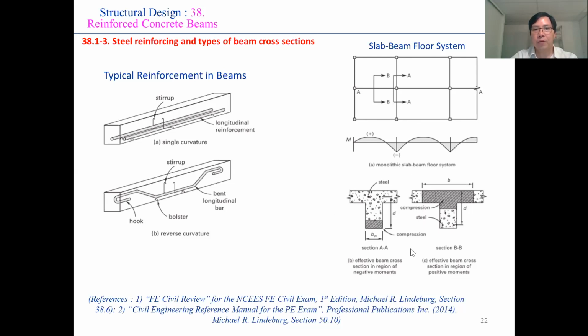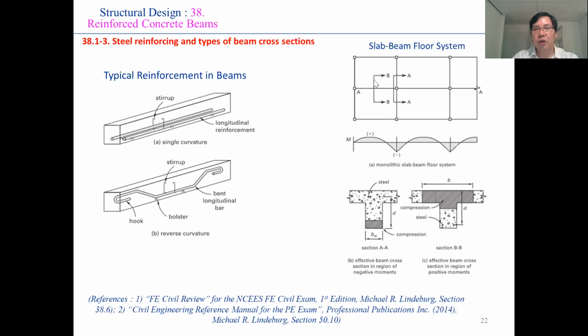Here you can see the section AA, and in this case the compression zone is in the lower part of the beam, and the tension zone is on the upper part of the section of the beam.